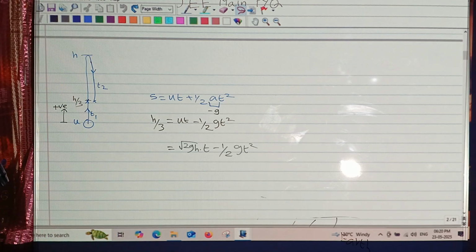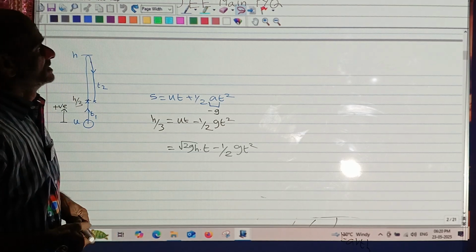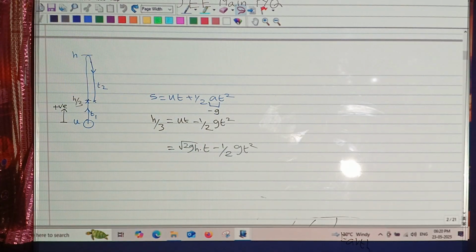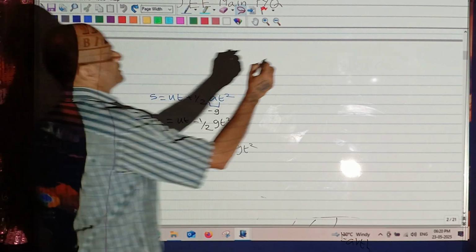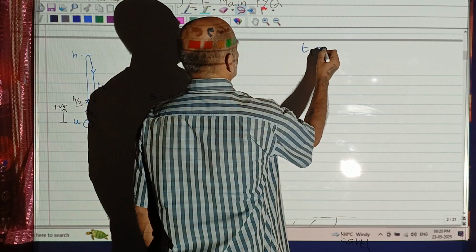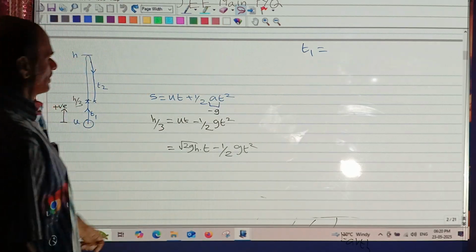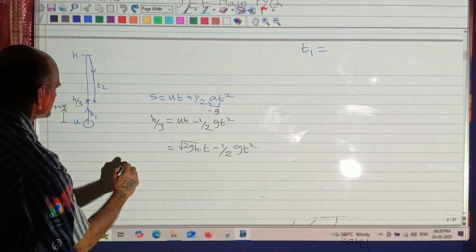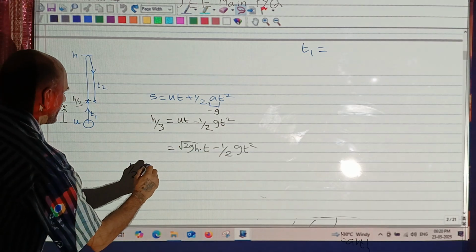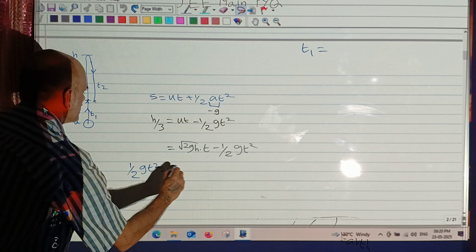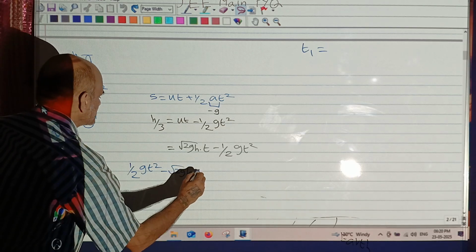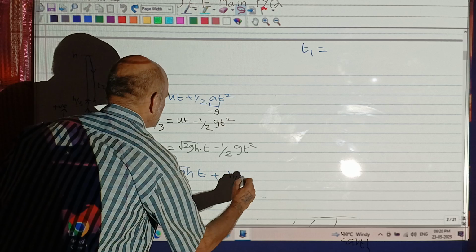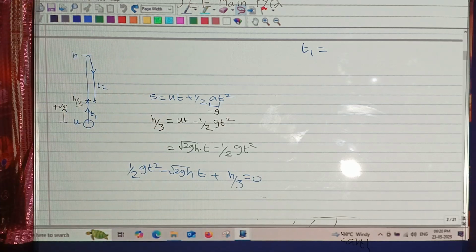The roots of the quadratic equation are given as minus b plus or minus square root of b square minus 4ac by 2a. Actually, I can rewrite this, bringing it to the left side: half g t square minus root 2gh t plus h by 3 equal to 0.